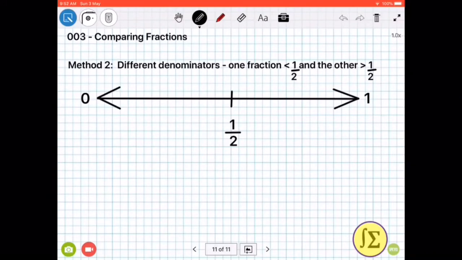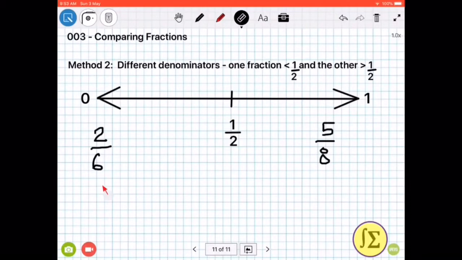Now let us look at method 2. Let's use an example. Let's compare two fractions. Let's say the first fraction is 2 over 6, and the other one is 5 over 8.